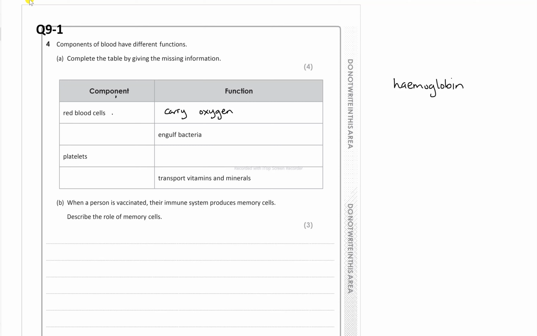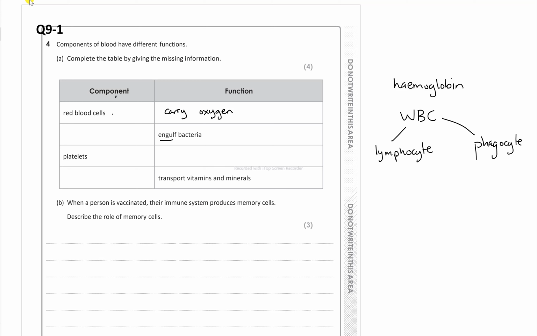Right, what engulfs bacteria? Remember, there's two types of white blood cell: lymphocyte and a phagocyte.